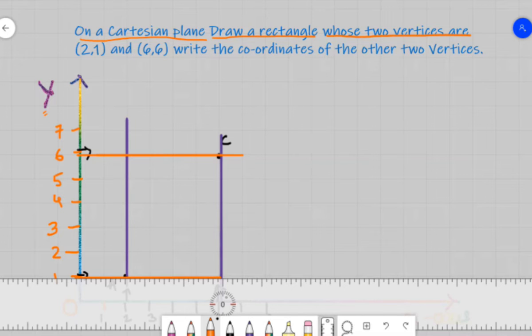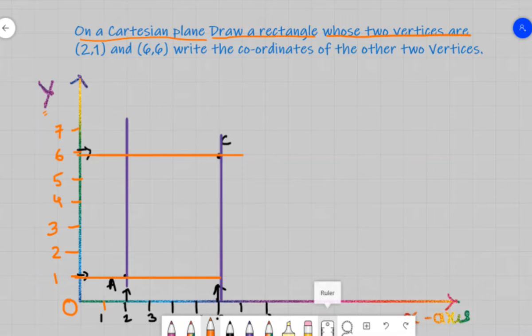Now see children, what we have got. See, from 2, 1, which was our 2, 1? This point was our 2, 1. Okay. And then this point was our 6, 6. From 6, 6, we have drawn a line perpendicular to y-axis and then one line perpendicular to x-axis. Similarly, from A, we have drawn a line perpendicular to y-axis and then a line perpendicular to x-axis.